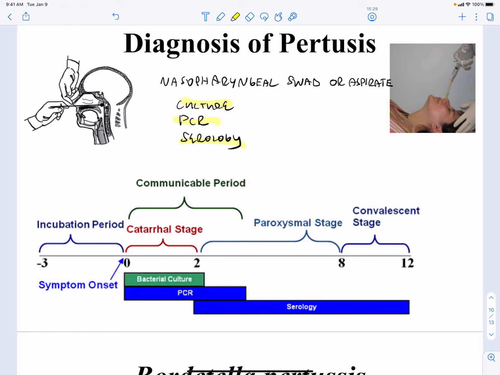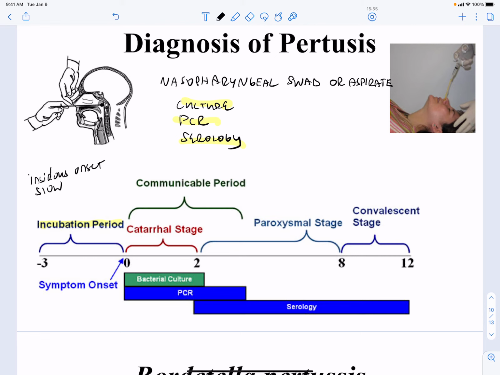The stages of Bordetella pertussis are shown here. You have, of course, your incubation period, and these are in weeks. So your incubation period could be as much as 2-3 weeks. So this is insidious onset, which means slow.